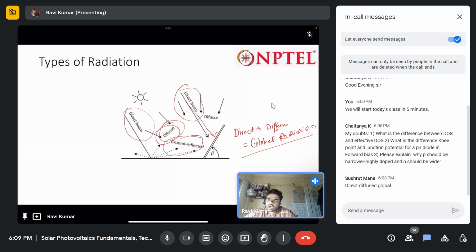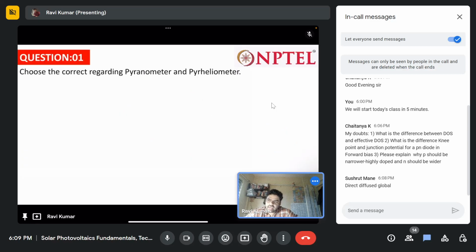Do you know how we measure this radiation, like direct or beam radiation, or diffuse radiation? Do you have any idea how we practically measure these types of radiation? This question is based on the measurement of radiation.